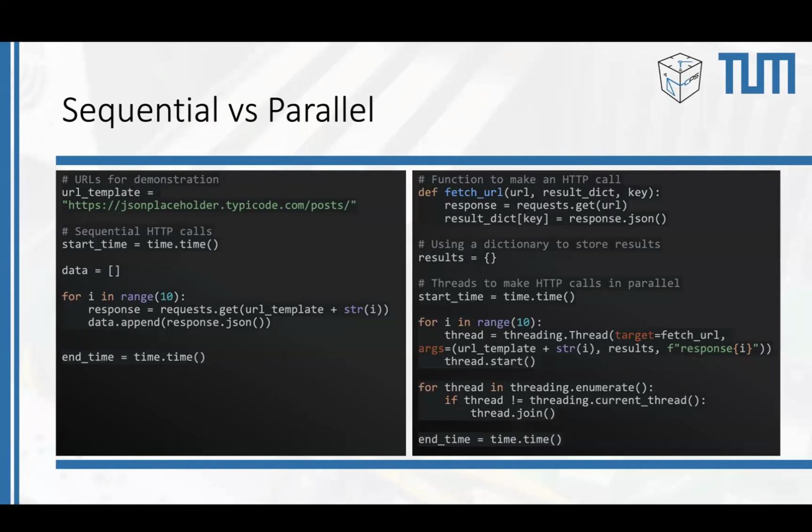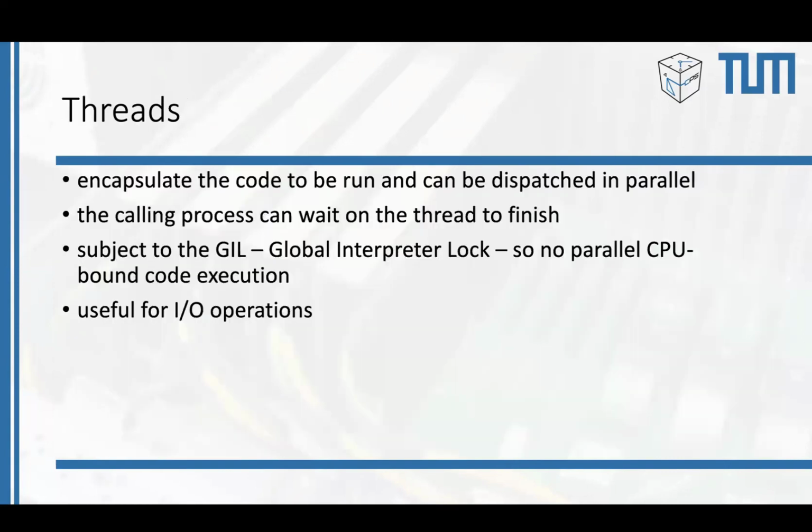And the more threads, the more requests, the more sequential operations you have, the more the parallelization helps. So again, to recapitulate: threads encapsulate the code to be run and can be dispatched in parallel.